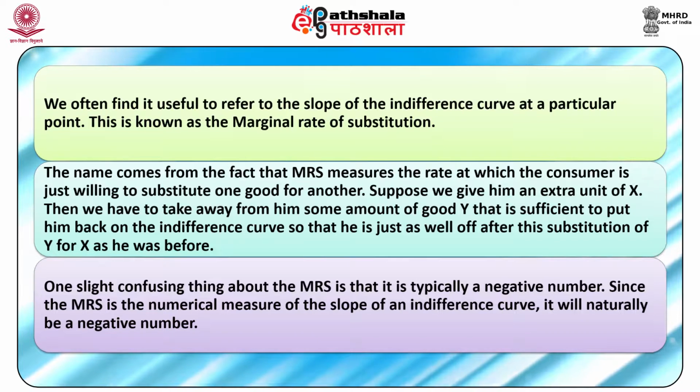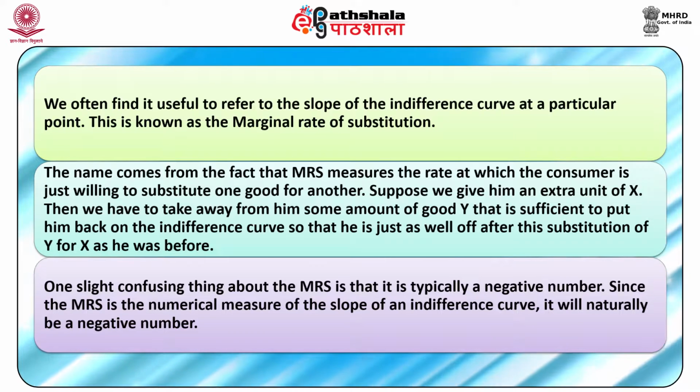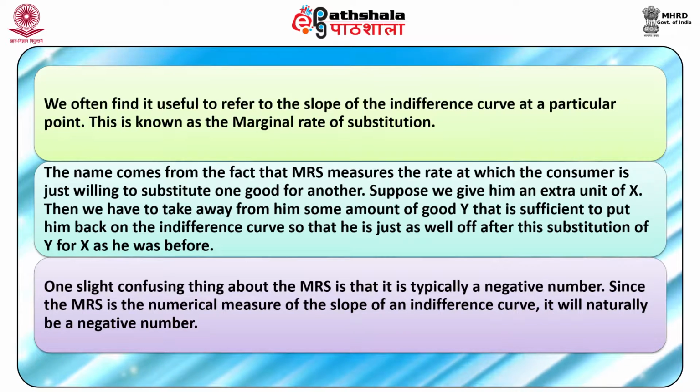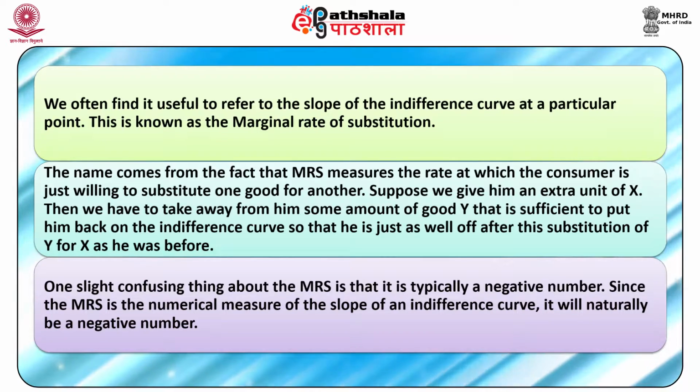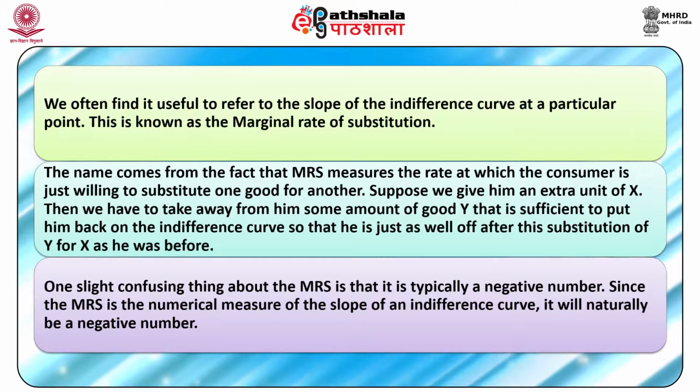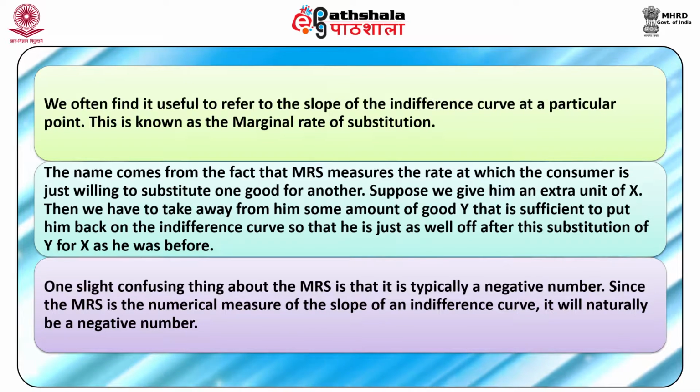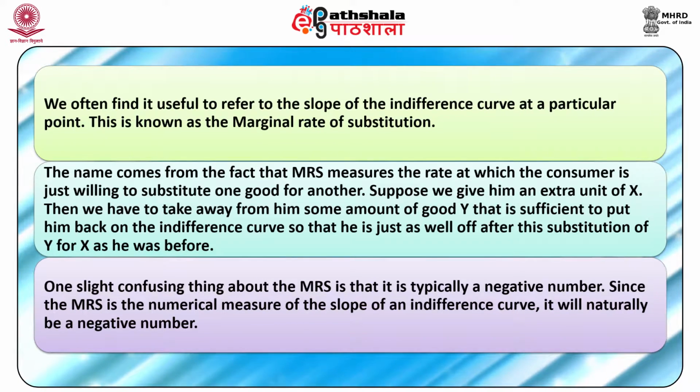So this is known as MRS xy, and the name comes from the fact that the marginal rate of substitution measures the rate at which the consumer is willing to give up 1 unit of a commodity to obtain another unit of another commodity. This rate goes on declining.